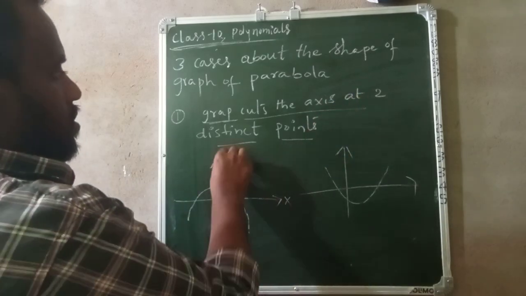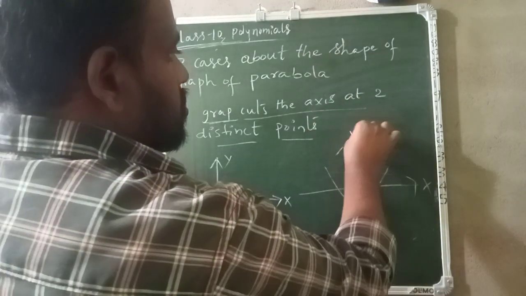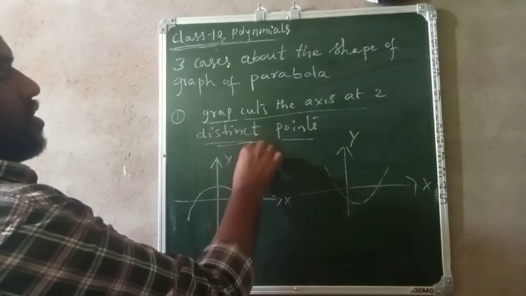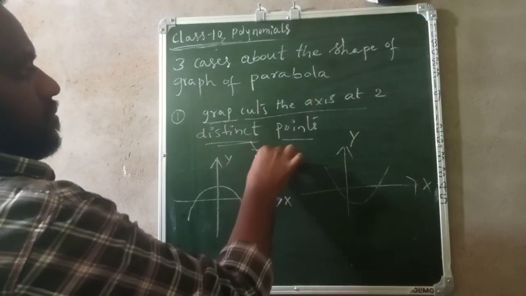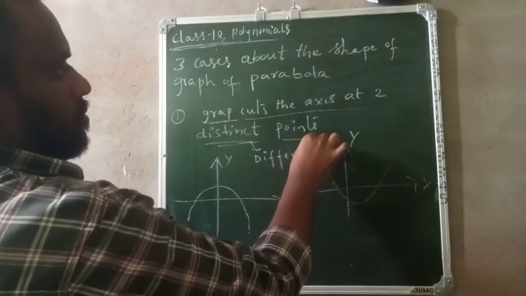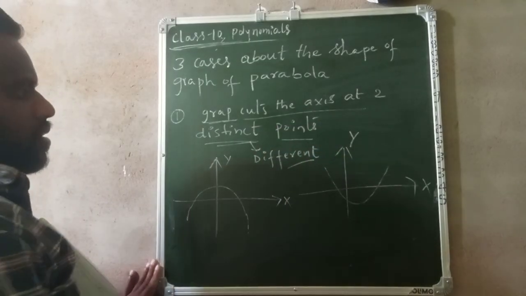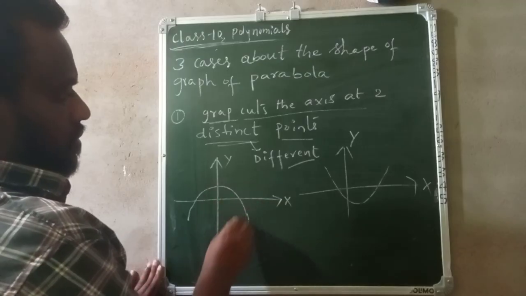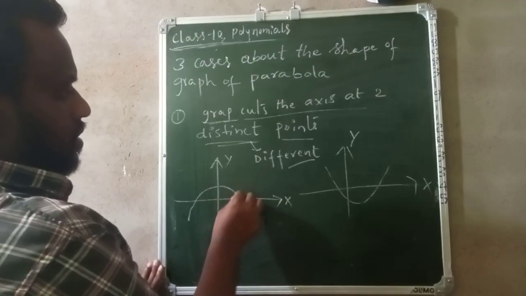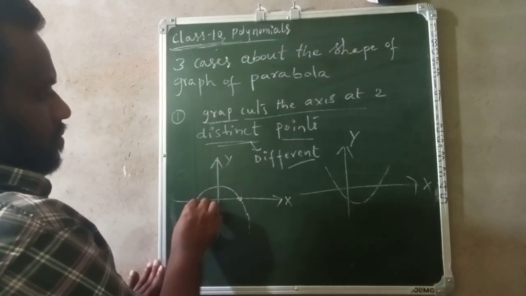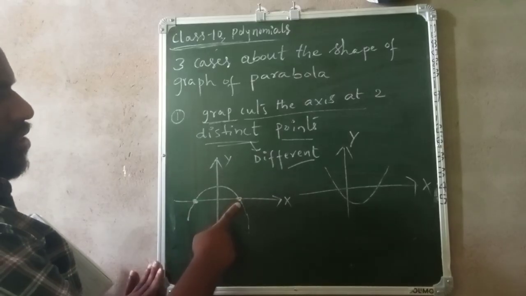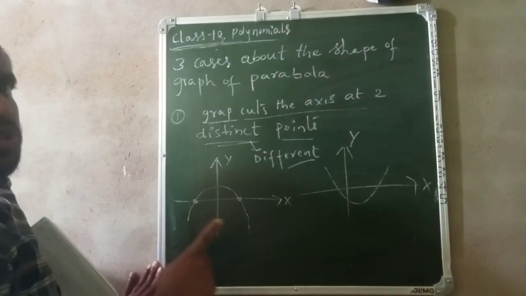So this is the x-axis, this is y, this is x, this is y. Distinct means different. Okay, different points. See, this is the x-axis. See, the curve is cutting the x-axis here and also here. So this is a different point, this is also a different point.